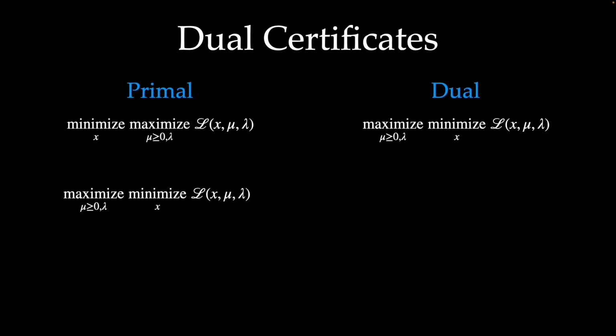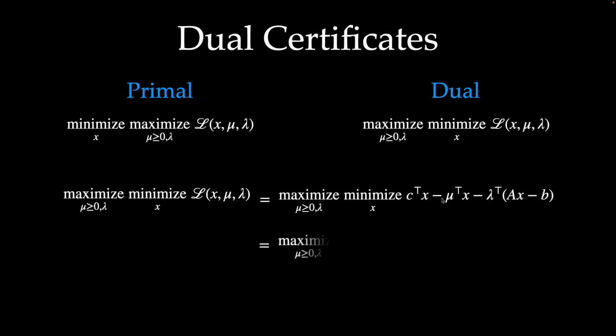So now for dual certificates, we have the representation of the primal problem. If we now want to look at the dual problem, we can write this out in a little more detail. We expand this out, substituting in the Lagrangian. We can make some simplifications by first factoring this out so that we have this in terms of x.